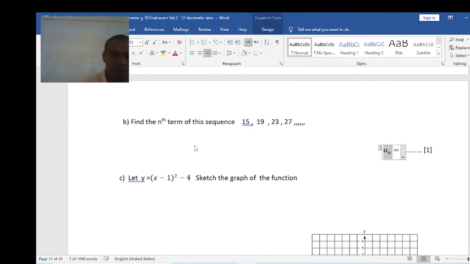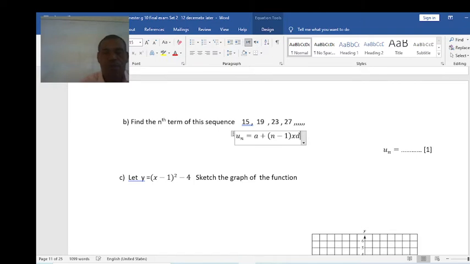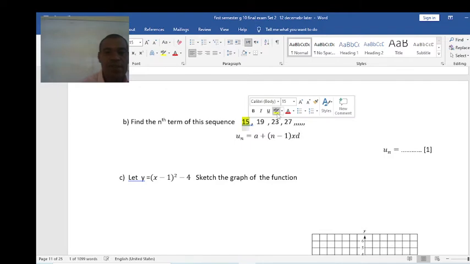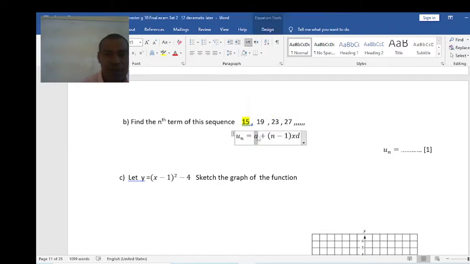The nth term formula is Un equals a plus, between parentheses, n minus 1, multiplied by the common difference. So a is the first term of the sequence. This is a.